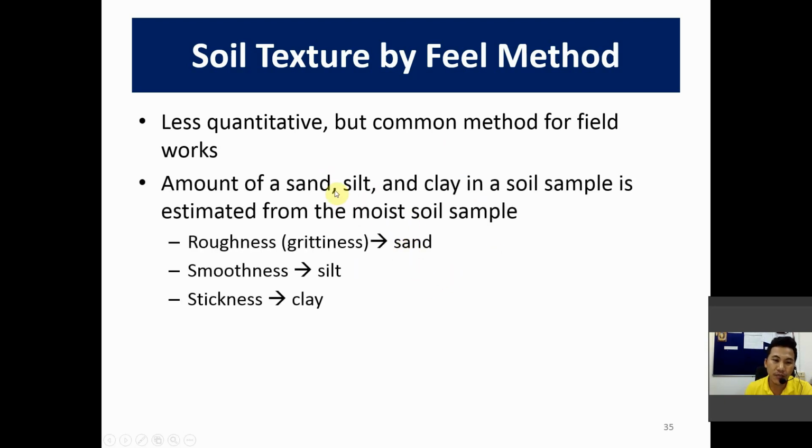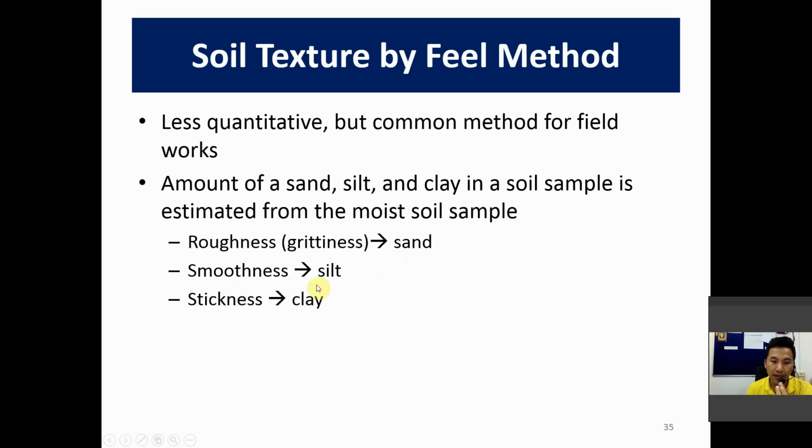It is based on the fact that sand, silt, and clay each have their own properties. Sand has roughness or grittiness, and you can tell once you have enough particles with water and move them around like this, you can feel the roughness of the particles. That's the sand.